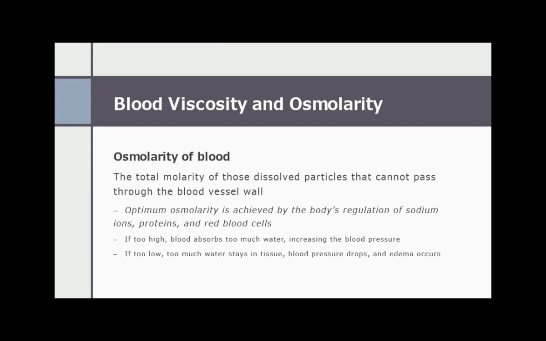So it's going to retain water. Think about the relationship of how water moves through the body. Okay, so your osmolarity means what? Low osmolarity, you don't have a lot of those particles that stay in the blood, right?